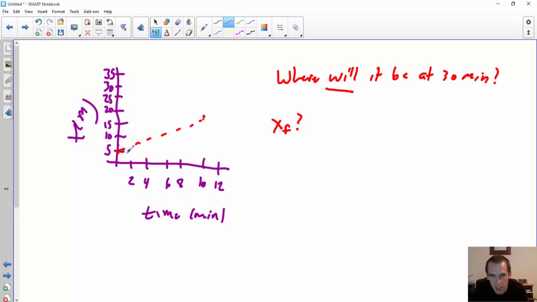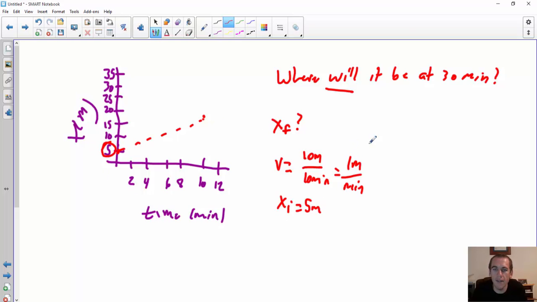We can figure out its speed by taking the rise over run, finding the slope. So the velocity is equal to, well, it goes from 5 to 15, so that's 10 meters, and that took 10 minutes. So this is 1 meter per minute. There's the velocity. And our initial position is 5 meters, so we know that xi equals 5 meters.